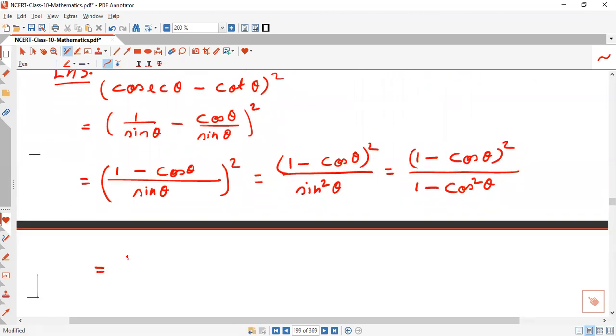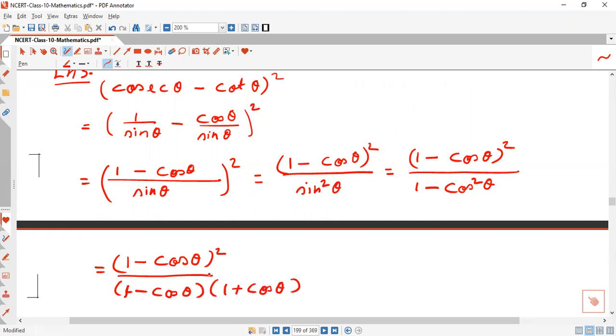So it is 1 minus cos theta times 1 plus cos theta. The square cancels out with one factor. We are getting 1 minus cos theta upon 1 plus cos theta. So this is the right hand side, and it is proved.